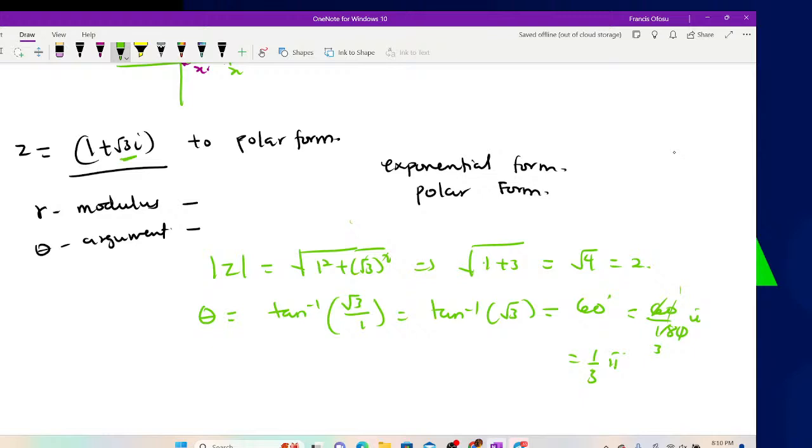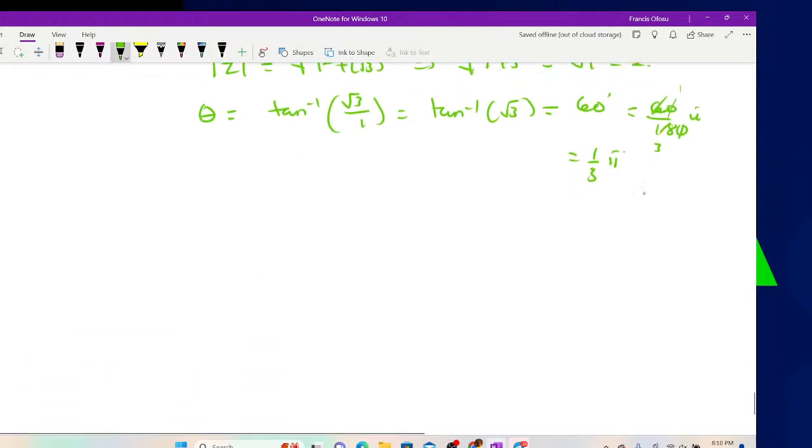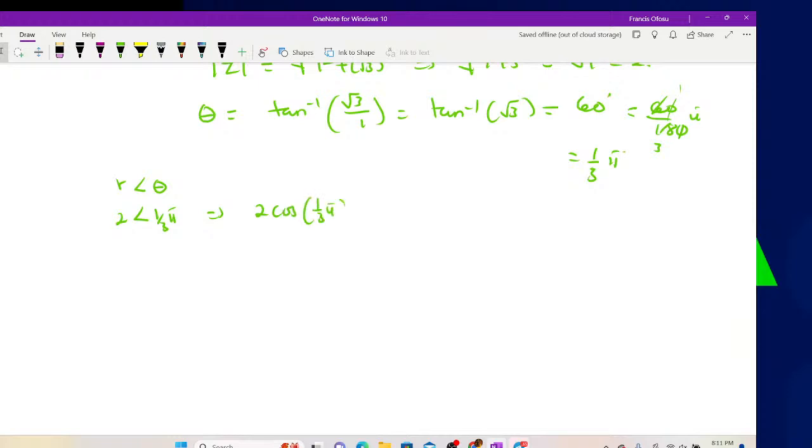So the polar representation, as the question asks us, is simply r angle theta. So I'm going to have r, which is equal to 2, angle 1 over 3 pi, which is also equal to 2 cos 1 over 3 pi plus i times 2 sine 1 over 3 pi.